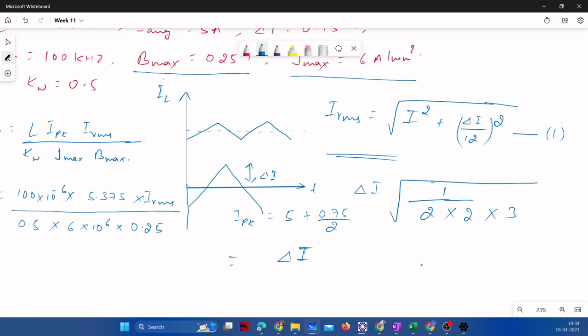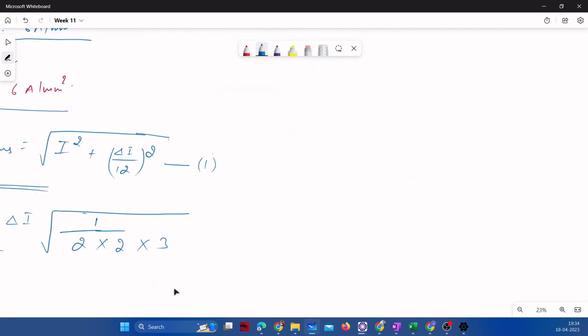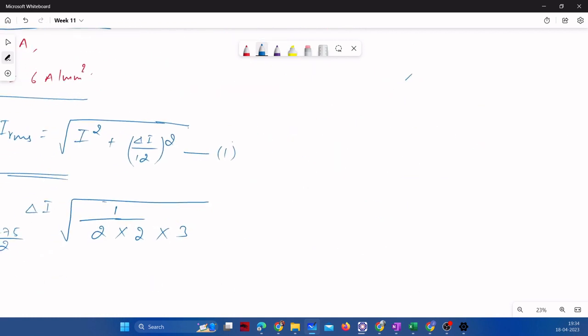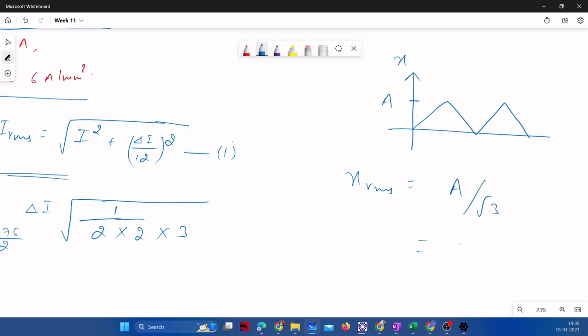For any triangular waveform, we have derived, or you can anytime derive, that if its amplitude is A, then its RMS, let us suppose x RMS, is A by root 3, or A square by 3 is x square RMS.